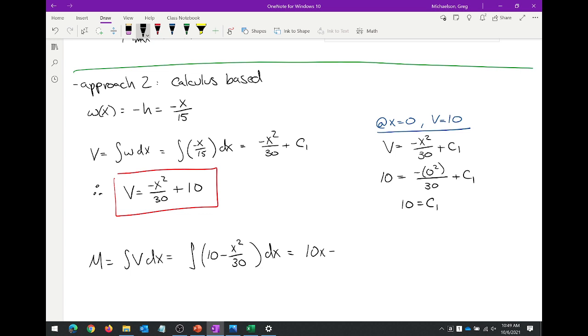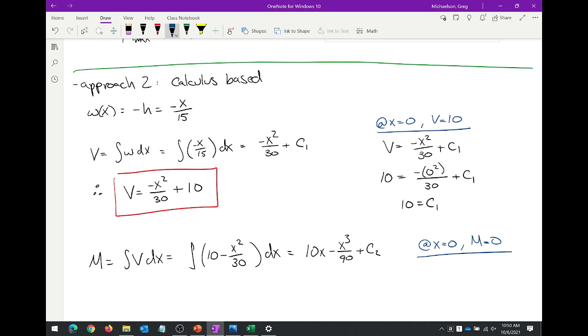So this is x cubed over 90 plus c. In this case, plus c2. We need another boundary condition. I propose that at x equals 0, the moment equals 0. That's what you told me, right?